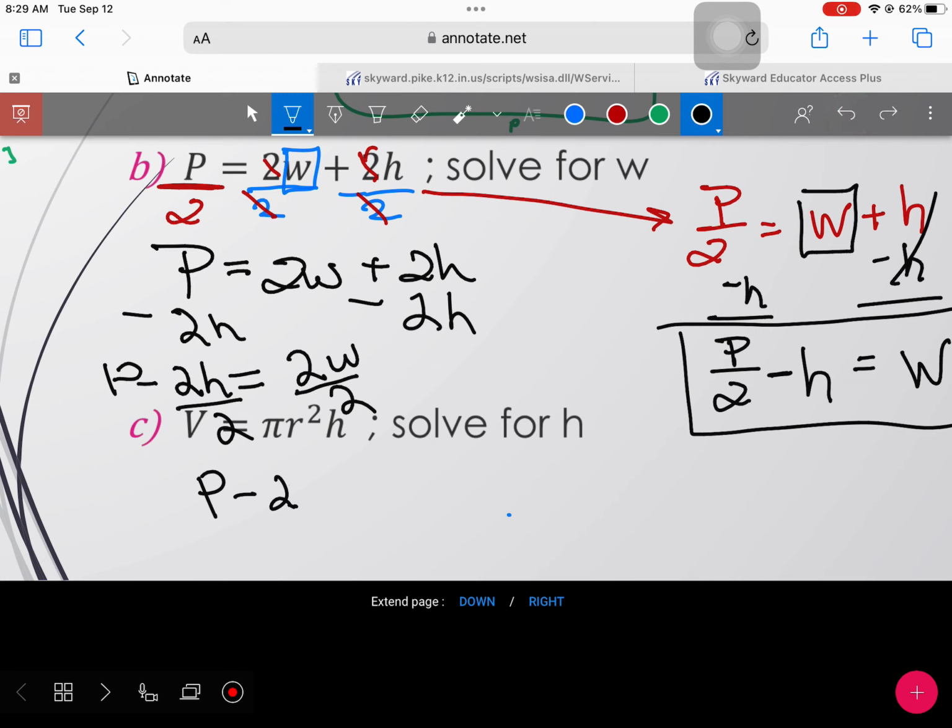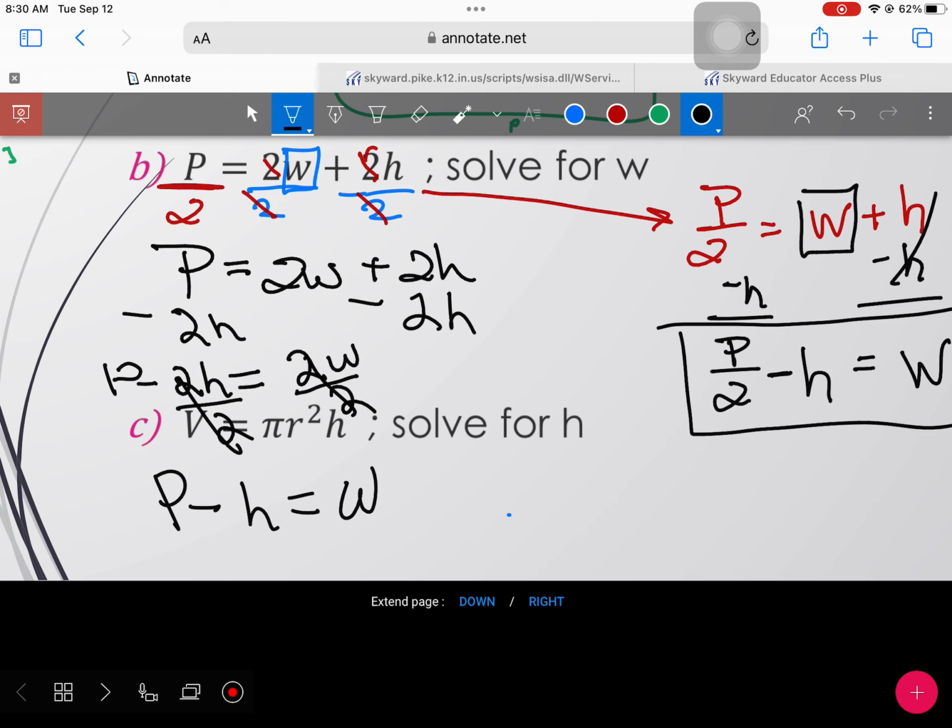So it'll be P over 2 minus H equals W. I think that is right. All right, so let's take a look at this. Subtract 2H, subtract 2H. P minus 2H equals 2W. Divide by 2. You would put each of those dividing by 2.